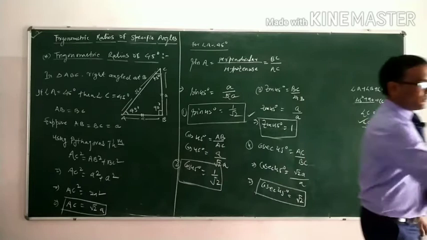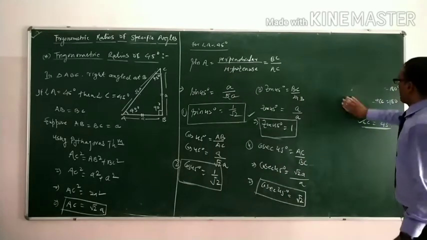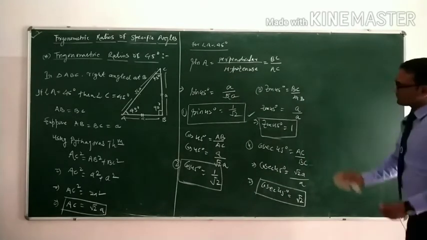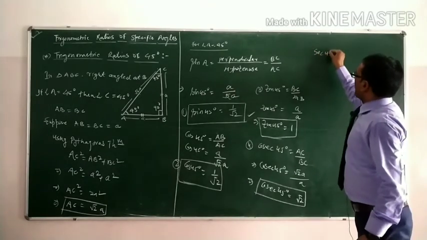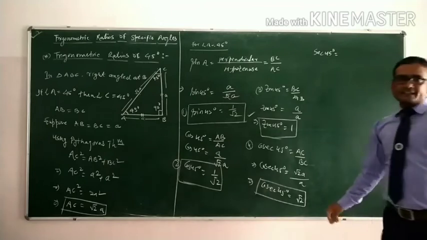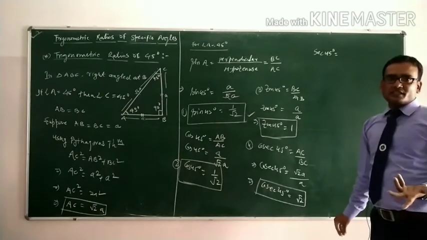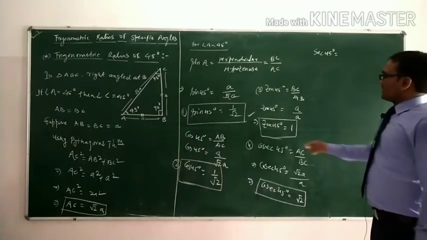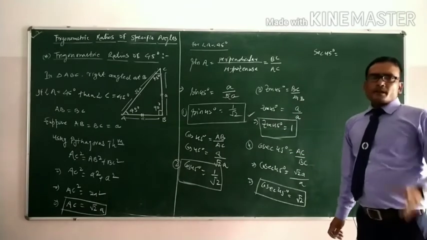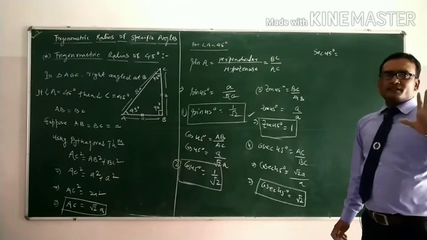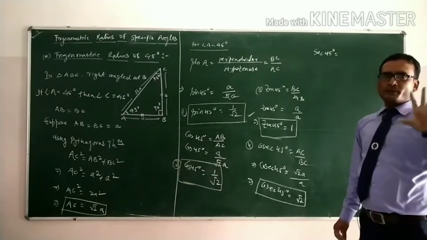Next we find the value of sec 45. Sec is the reciprocal of cos theta. That means sec 45 is hypotenuse upon base.